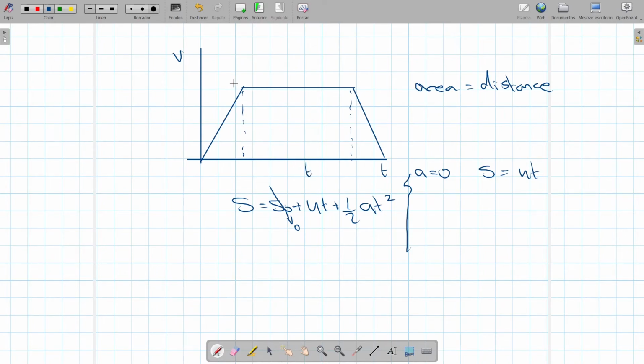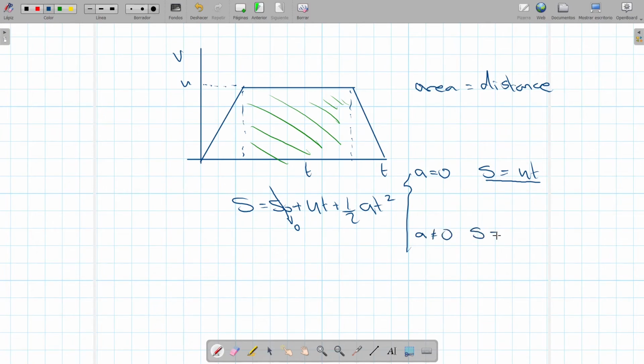If we look at the graph, this section over here is going to be t, and that section over there is going to be u. So if we multiply u by t, we get that area. Okay, so any area that is horizontal, that is with no acceleration, is going to be the area of a rectangle or a square.